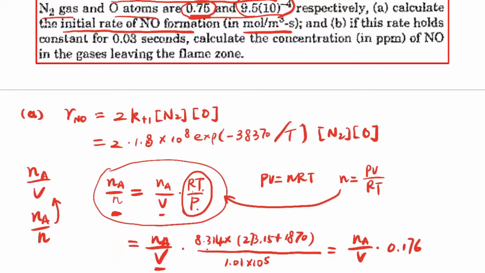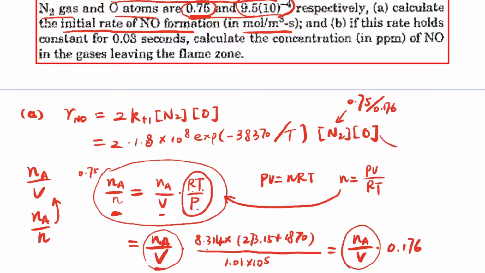We know that the mole fraction of the nitrogen gas is equal to 0.75. So the absolute concentration of the nitrogen is going to be 0.75 divided by 0.176.